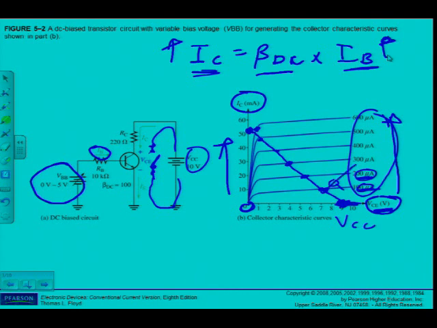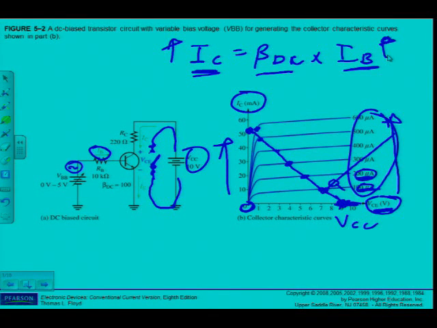So what is going to happen? That is what's going to give me my DC point, my operating point, my quiescent point, from where I'm going to start to amplify. Once I've biased, then I can add my signal.